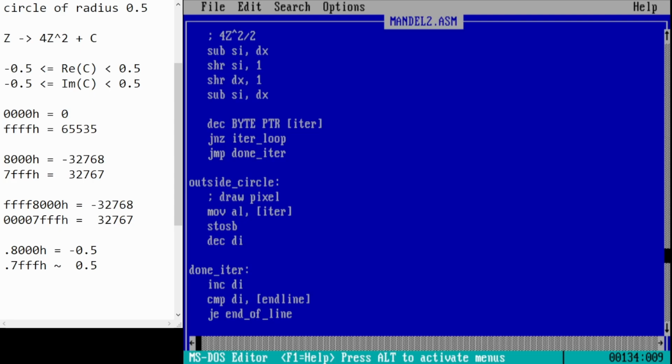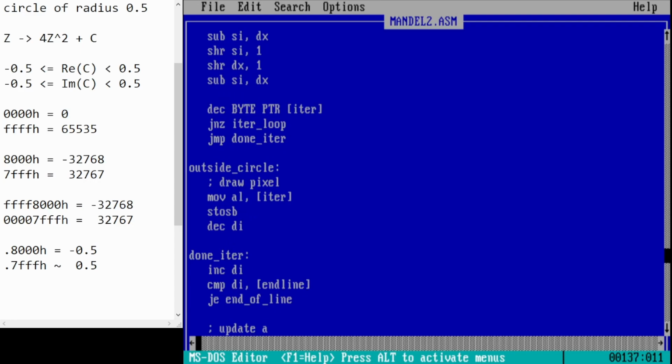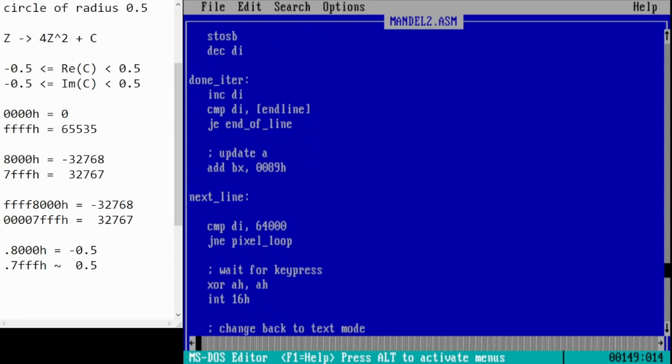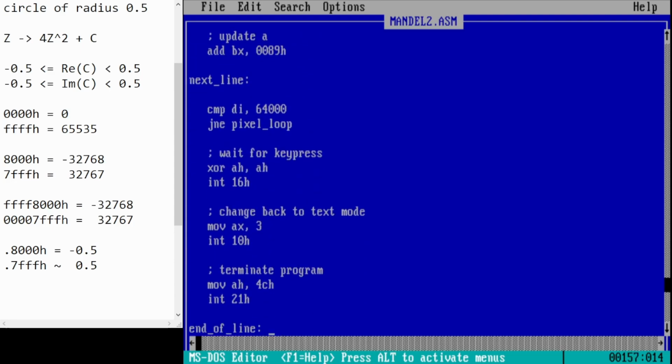We just compare to see if we're at the end of the line, and then if so, then we jump off to deal with that. We update our A value, and of course this has been divided by 2 because we're dealing with shifted values. That's the other change that was made to the original code I wrote in the last video. But everything else is the same as what we had in the previous video.